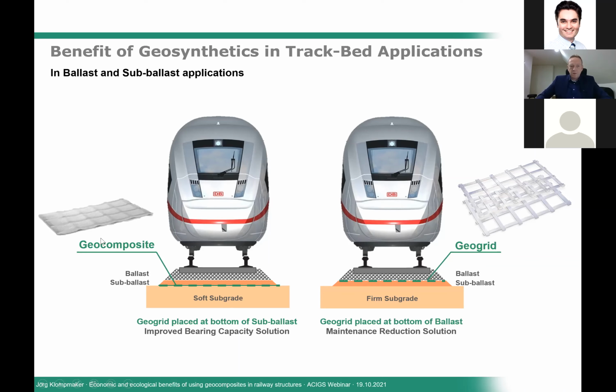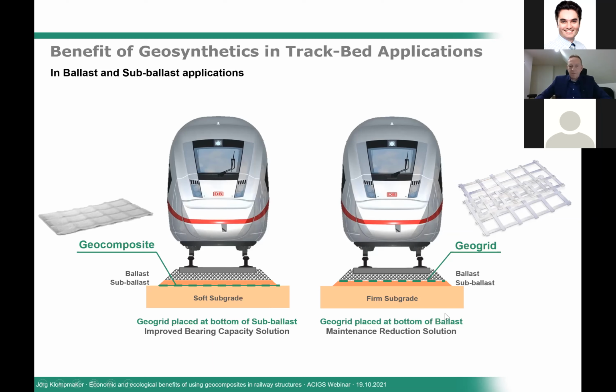So in this case, we would use a geocomposite to provide separation and reinforcement. And the main function of this product would be to improve the bearing capacity. So always if we have soft subgrade and the formation requirements for the railway track are not met, we can use a geocomposite to reinforce and to separate.